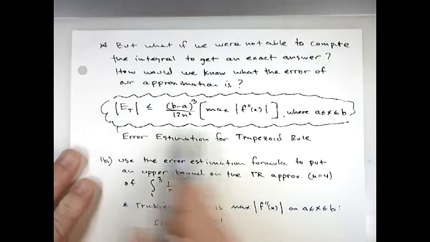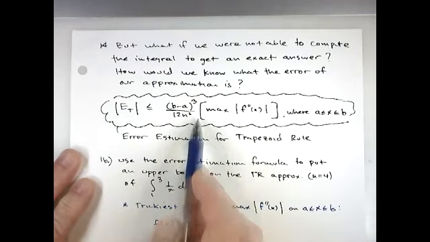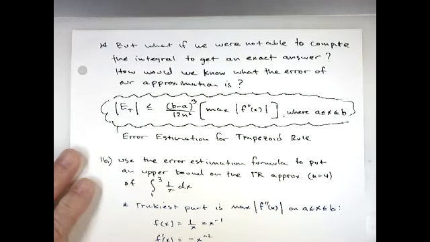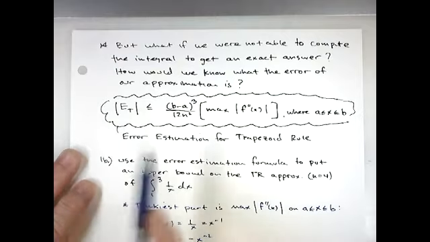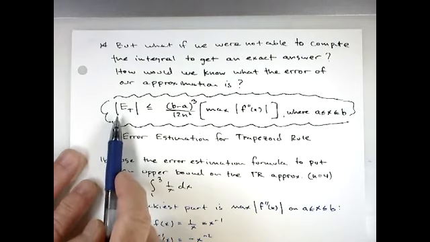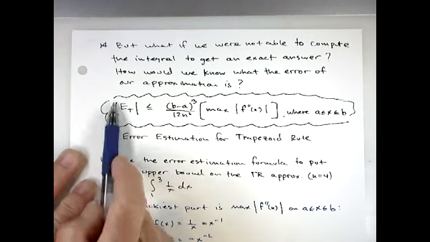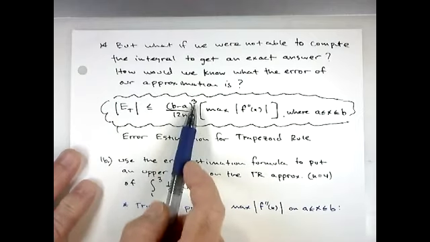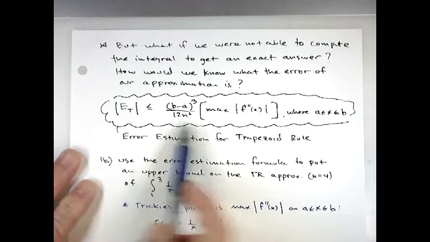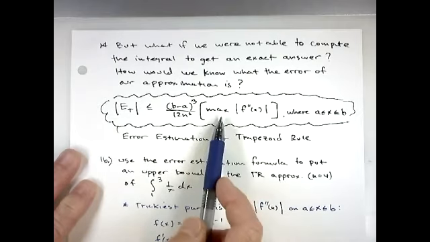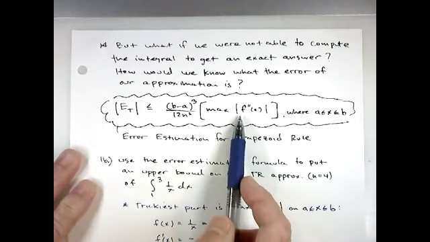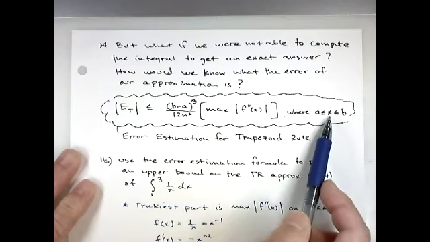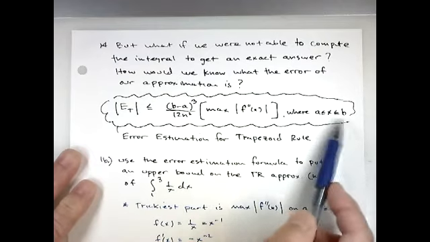The derivation of this is very complicated. Don't worry about it. The main thing is you just need to know how to use it. And it's a bound. All this is saying is the error in using the trapezoid rule, the absolute value, will be less than or equal to b minus a cubed over 12n squared times the maximum value of the absolute value of your second derivative of x, where x is any number between a and b, the limits of your integral.